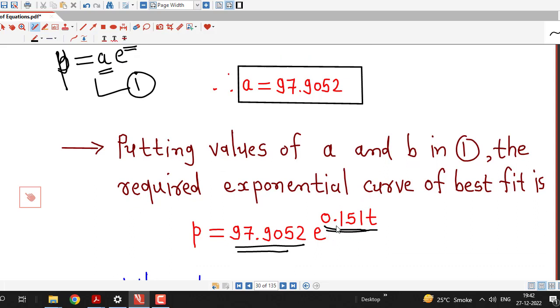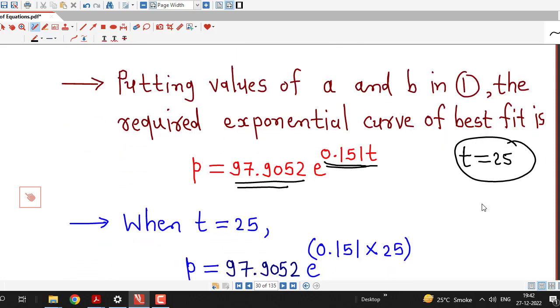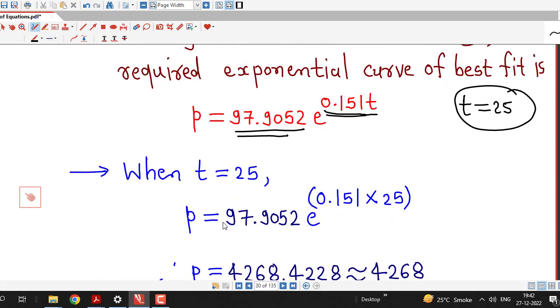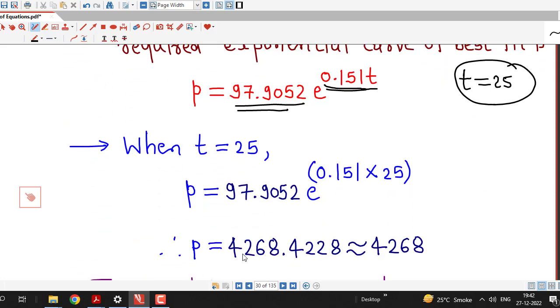Now using this curve, we can obtain value of population corresponding to t equal to 25. In the next step, we put t equal to 25, and we find that population is 4268.4228, and if we round off up to 0 decimal places, we have 4268.